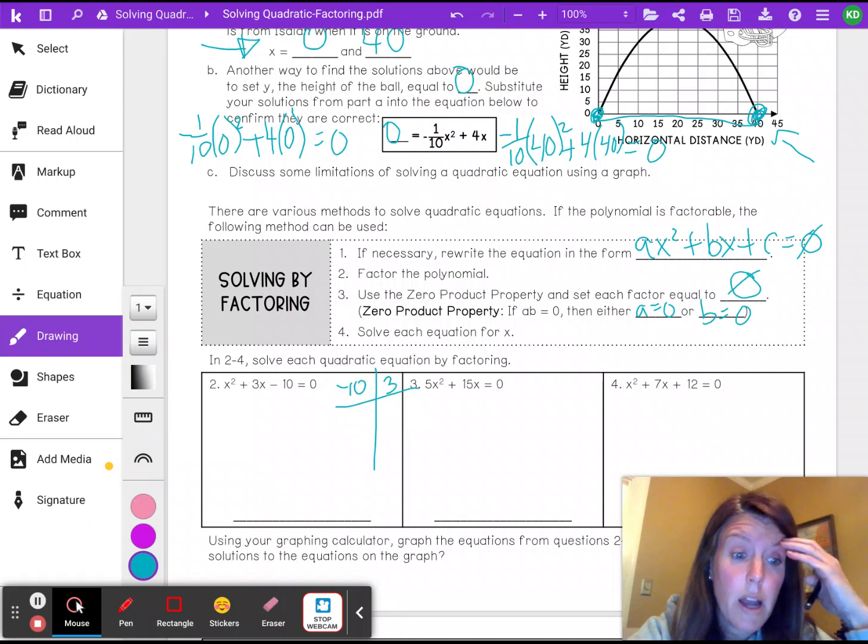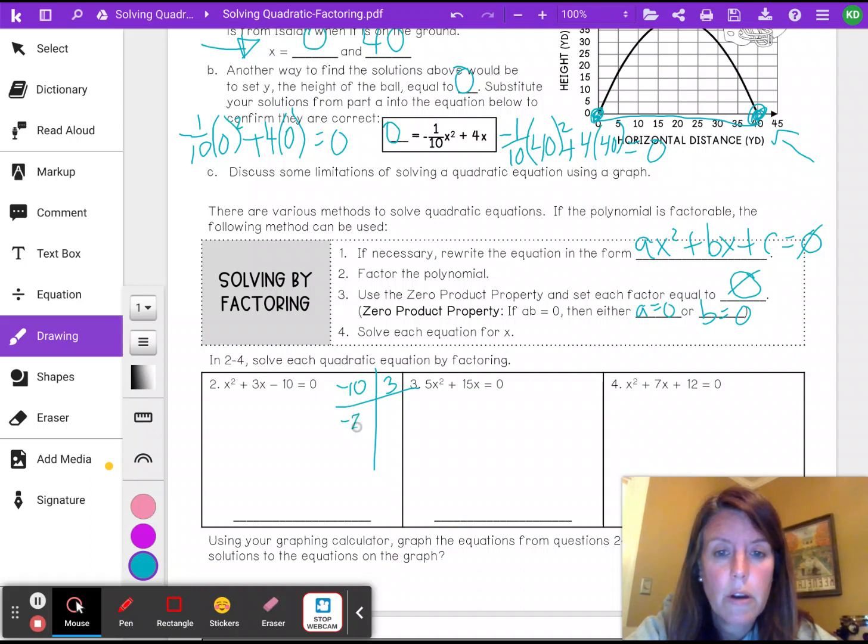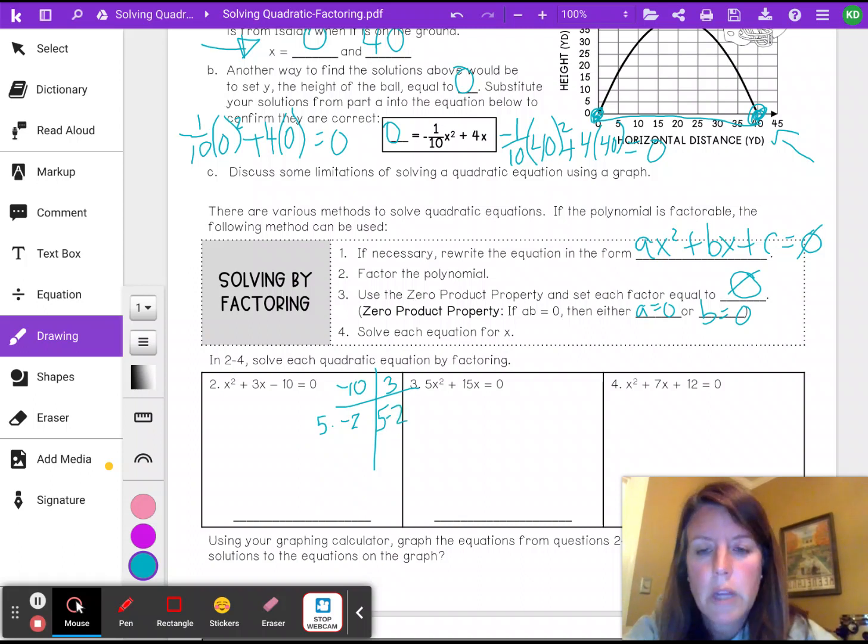Right off the bat, I know that 5 and 2, when we multiply them together, give us 10, and 5 minus 2 gives us 3. One of them has to be negative, so that's the negative 2: 5 times negative 2, and then 5 minus 2 gives us 3. So those are our factors. We've got x plus 5 and x minus 2.